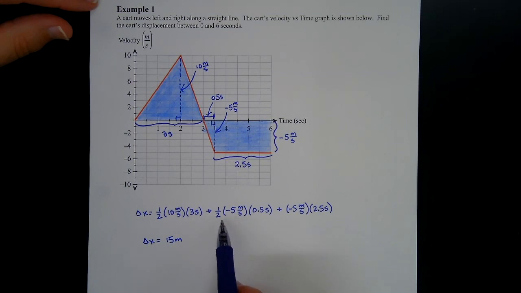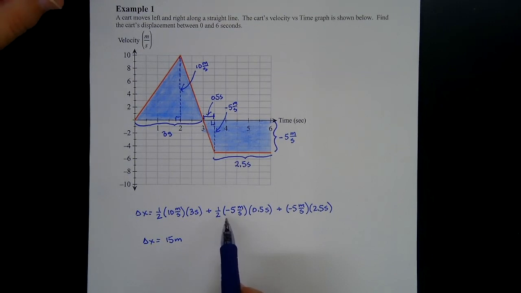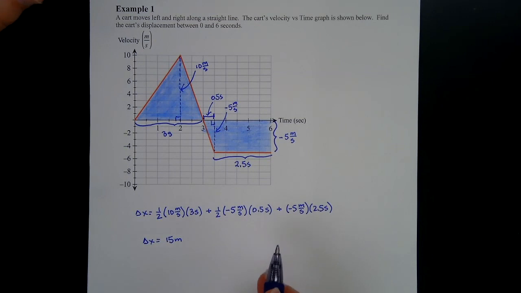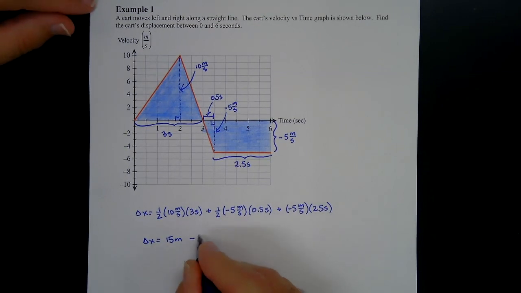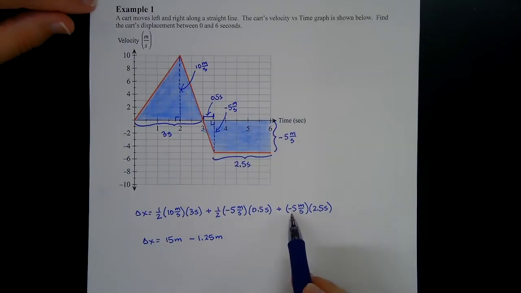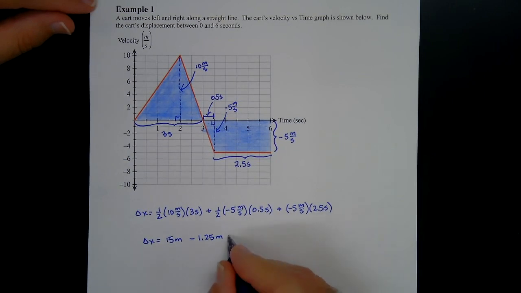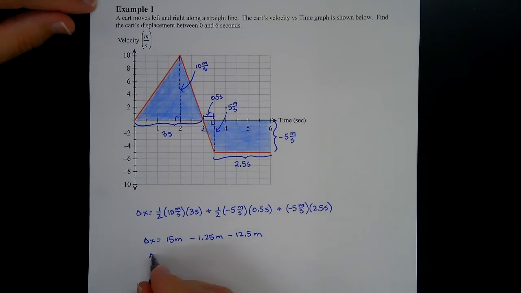Half of -5 is -2.5, and -2.5 times 0.5 is -1.25 meters. And -5 times 2.5 gives you -12.5 meters. If we add those up, our overall displacement turns out to be 1.25 meters.